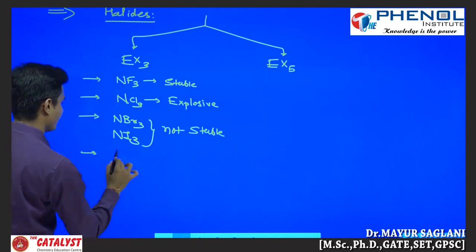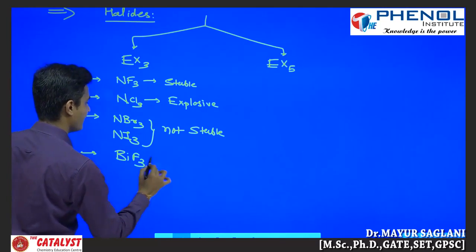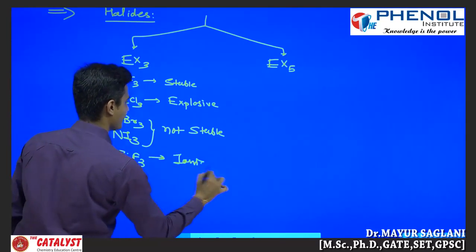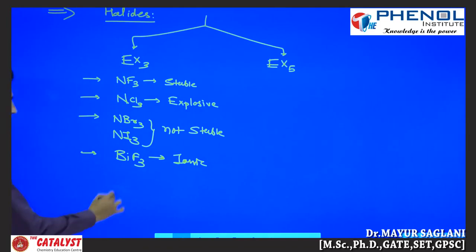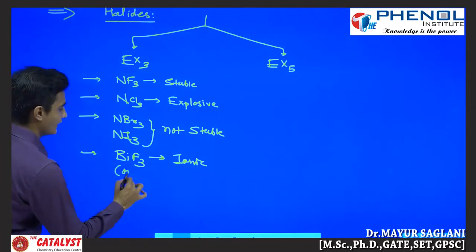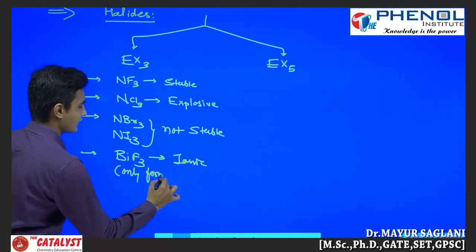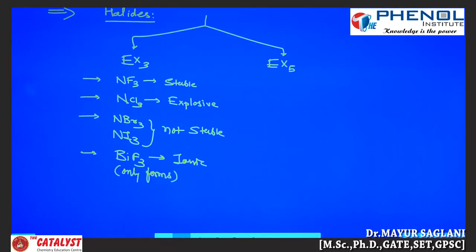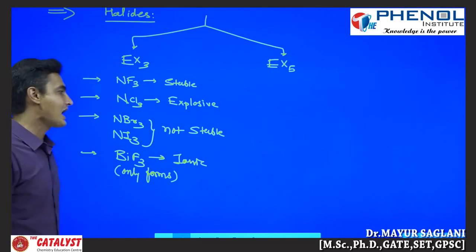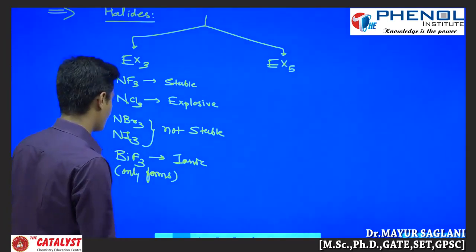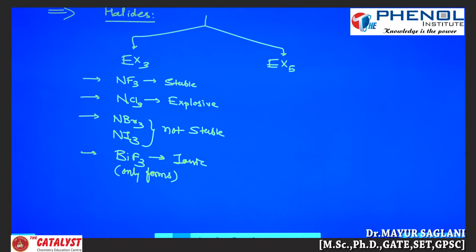Here, bismuth only forms BiF3 as a trihalide, which is ionic in nature. Now phosphorus, arsenic, antimony and bismuth all form trihalides.